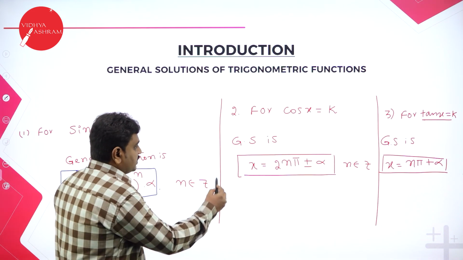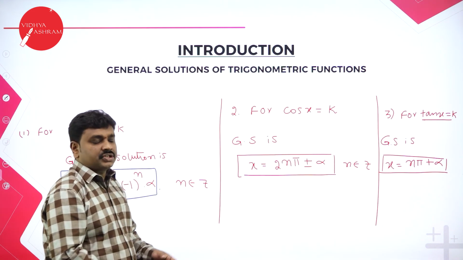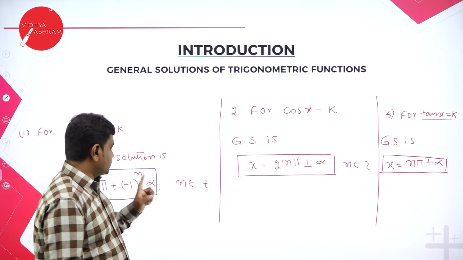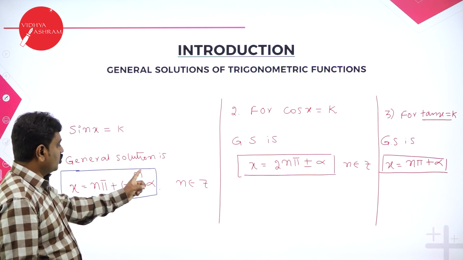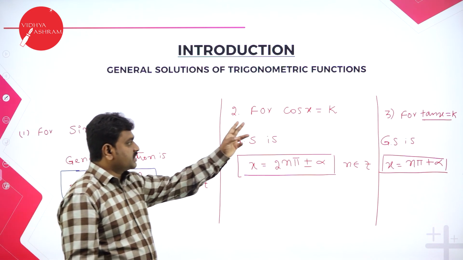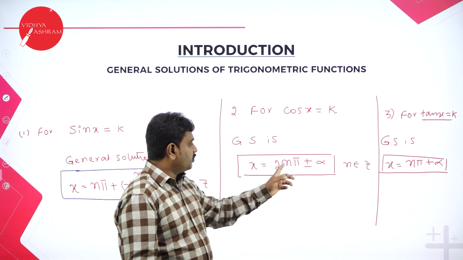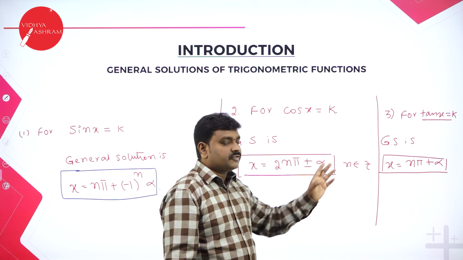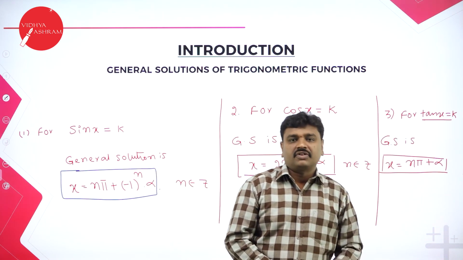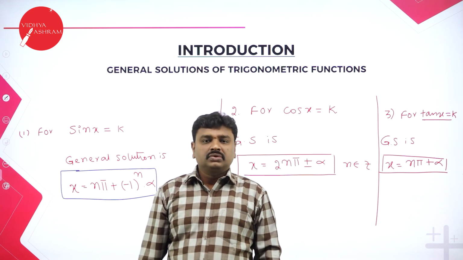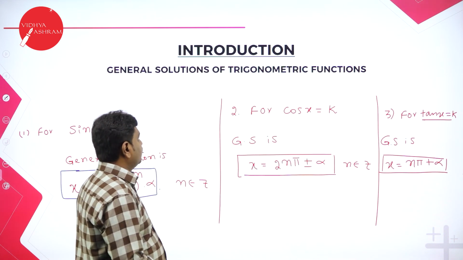So now these are the three general formulae. First, you should memorize these. For sin theta is equal to constant, what is the GS? n pi plus minus 1 whole power n into alpha. For cos x is equal to k, what is the GS? 2n pi plus or minus alpha. For tan x is equal to k, what is the GS? n pi plus alpha. So now we'll start the problems of the exercise.